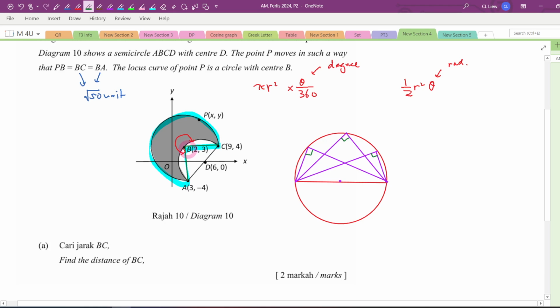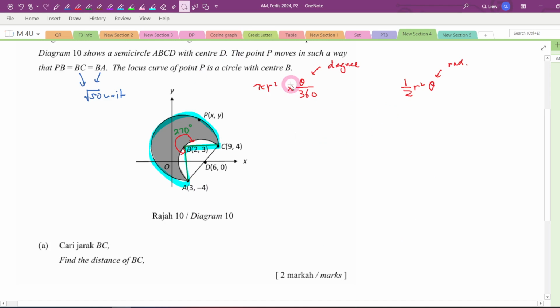If this is 90 degrees, here will be 270 degrees, right? 360 minus 90 degrees. Okay, now since I want to show you both, let me convert this angle in degrees to radians first. How do we convert degrees to radians? We have to times pi over 180, right?